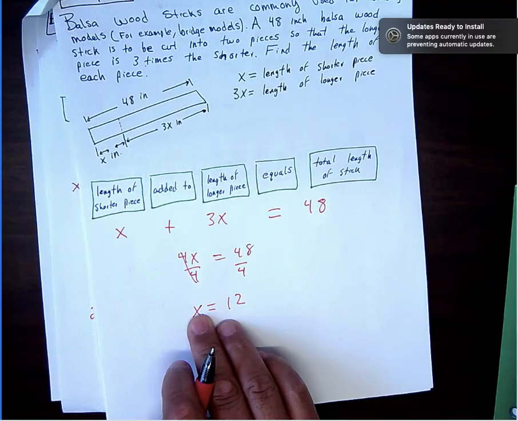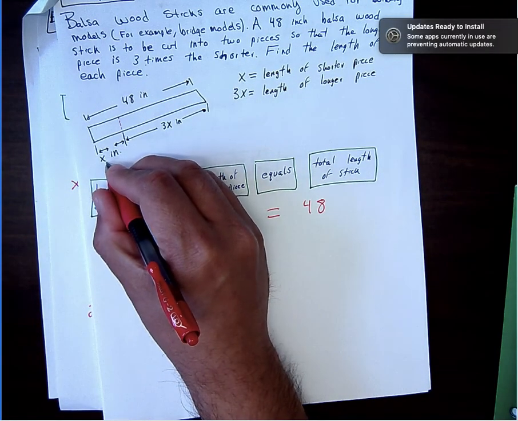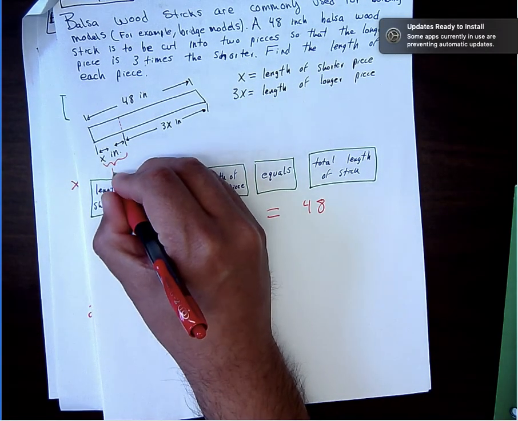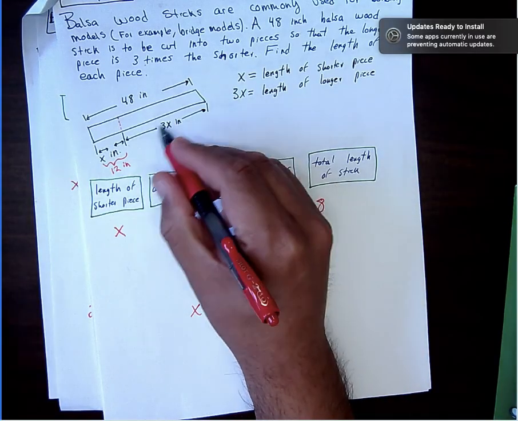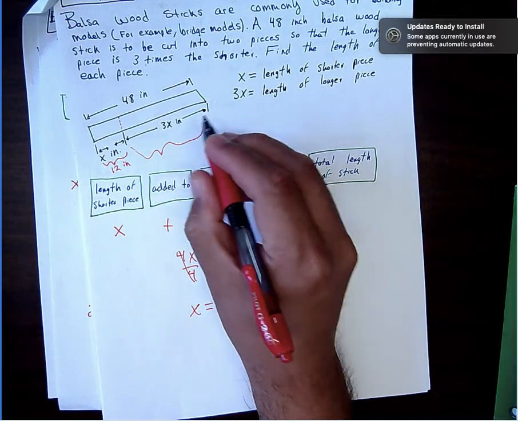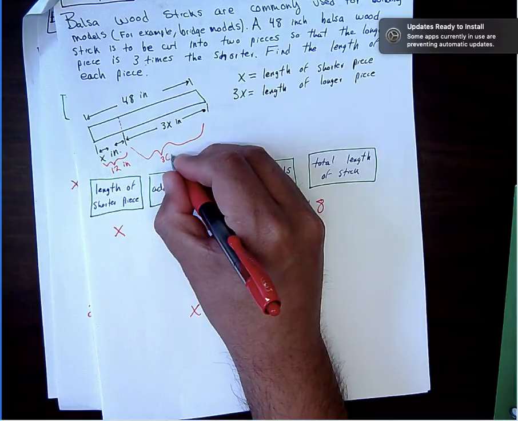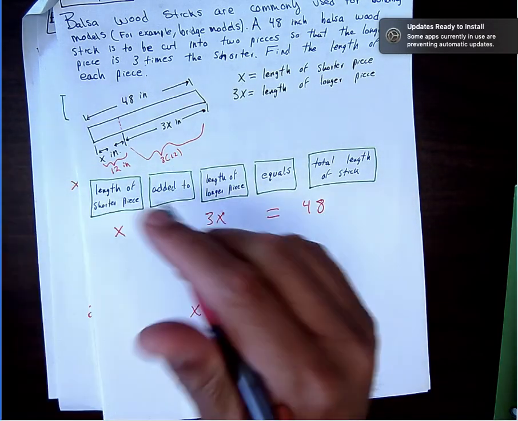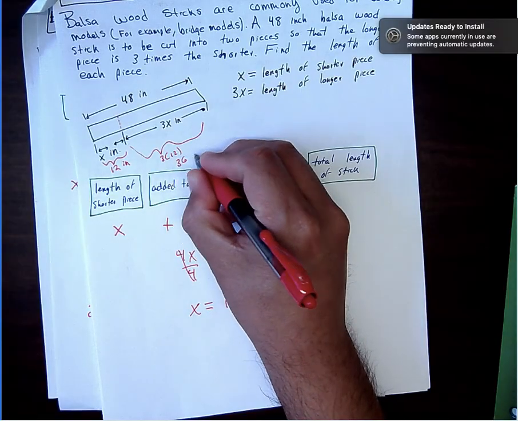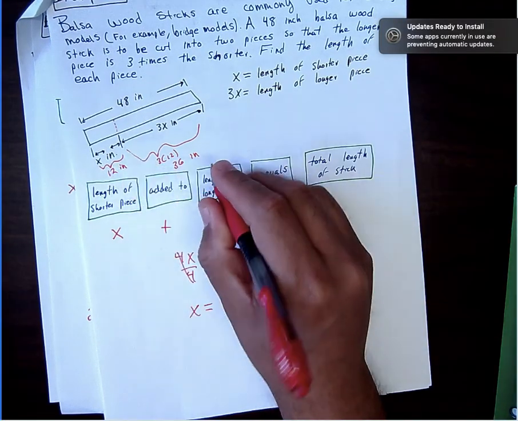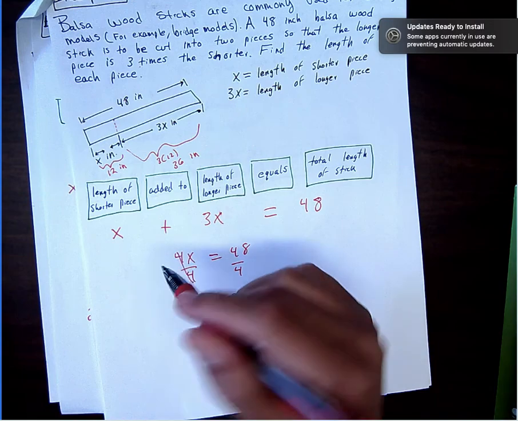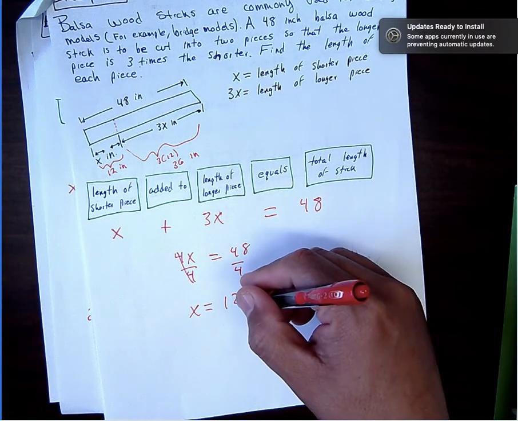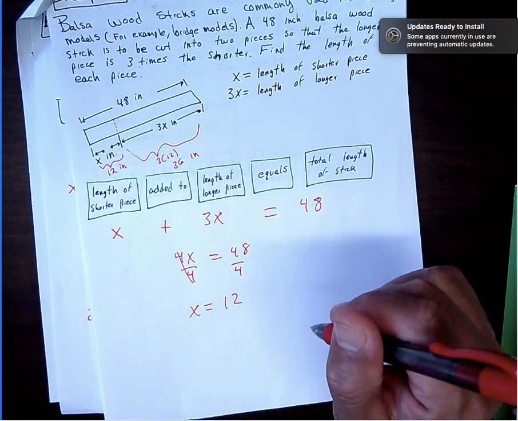So this piece is 12 inches, and this piece is 3 times 12, which gives me 36 inches. If we add these two together, it gives me the 48. So this one checks, right?